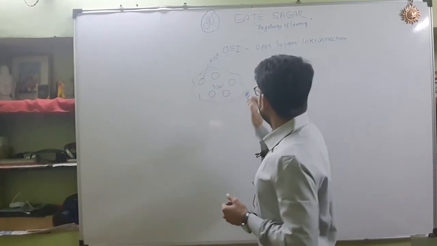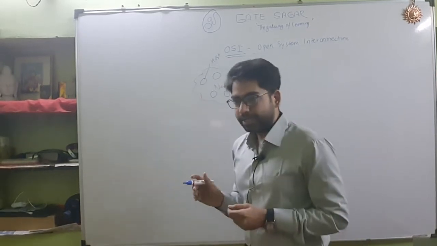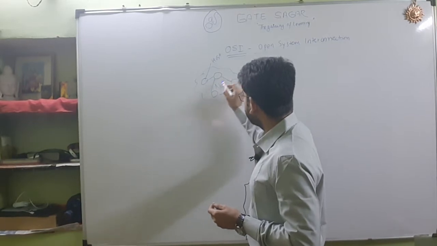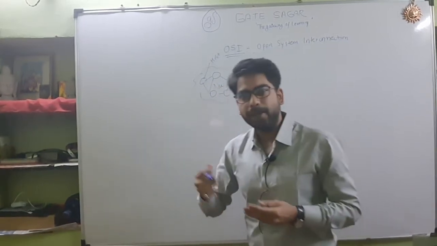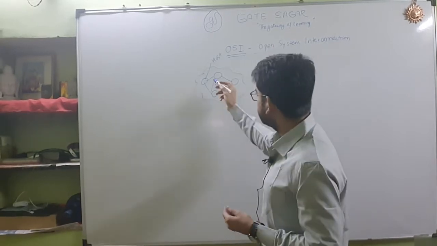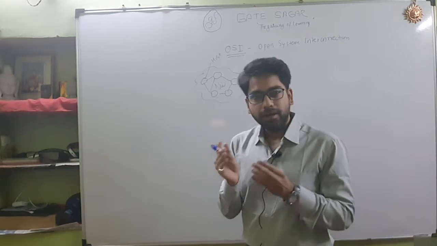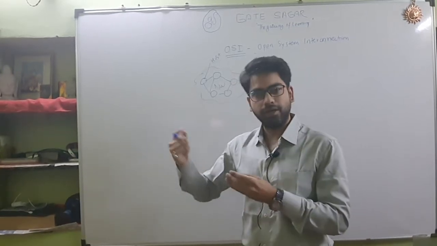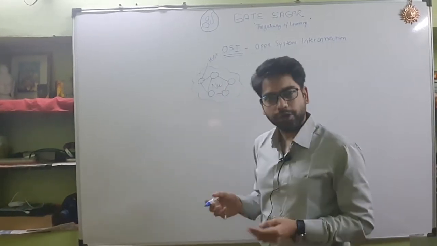Now open system interconnection is basically an interconnection of these devices. They are interconnected to each other and they are sharing messages, sharing information with each other. Means there will be a sender and one host will be the receiver. One host will send to another host the message or any information or data.